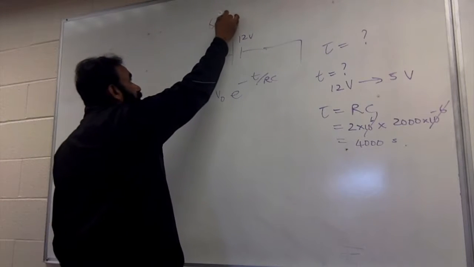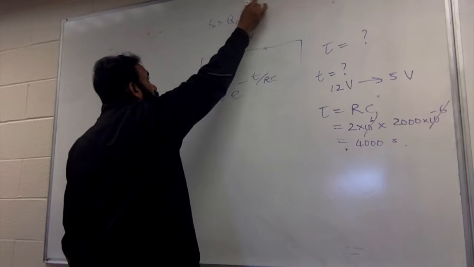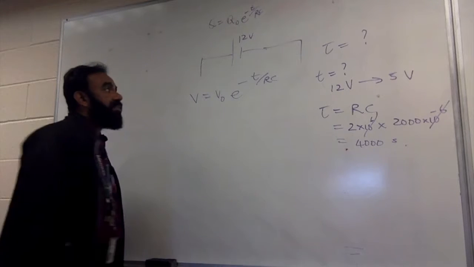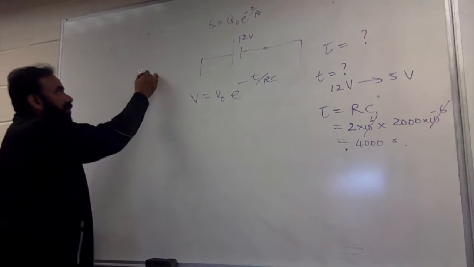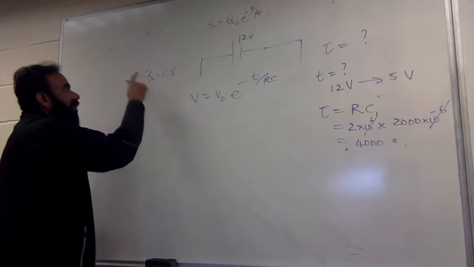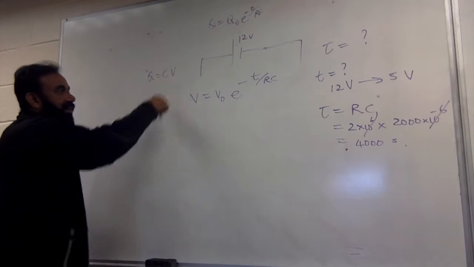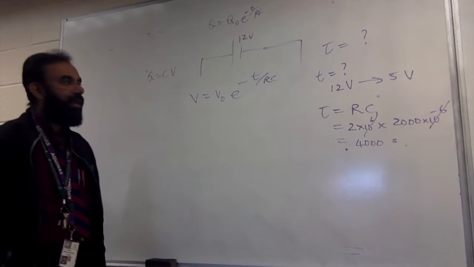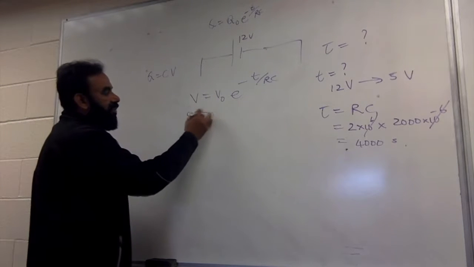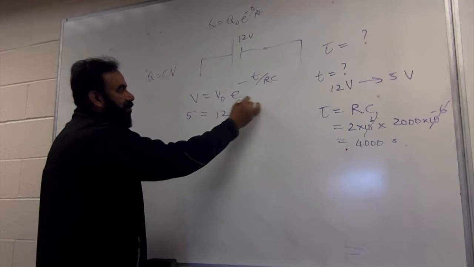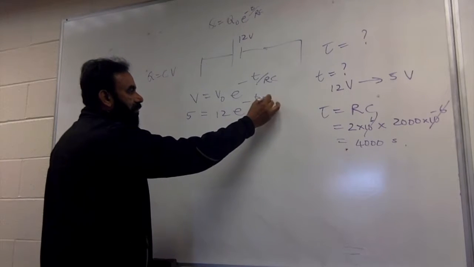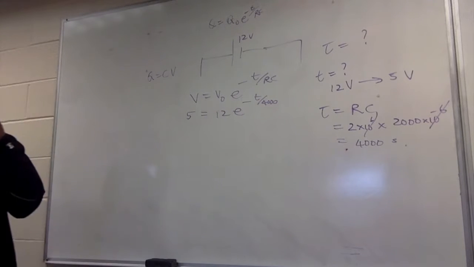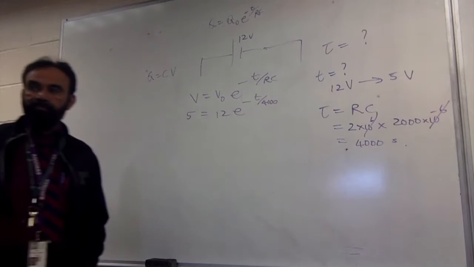So Q is equal to Q naught e to the power of minus t over RC, and the same applies to voltage because Q is equal to CV. If Q is varying in a certain fashion, V has to vary in the same fashion. So 5 is equal to 12 times e to the power of minus t over 4000. That's your equation. What do you do now?